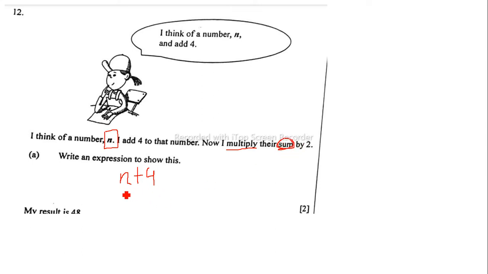Not just the 4 or not just the n, but the whole thing I'm going to multiply by what? 2. Okay. All right. And so that is the correct answer, right? Now the professional way to write it is 2 open bracket n plus 4, close bracket.